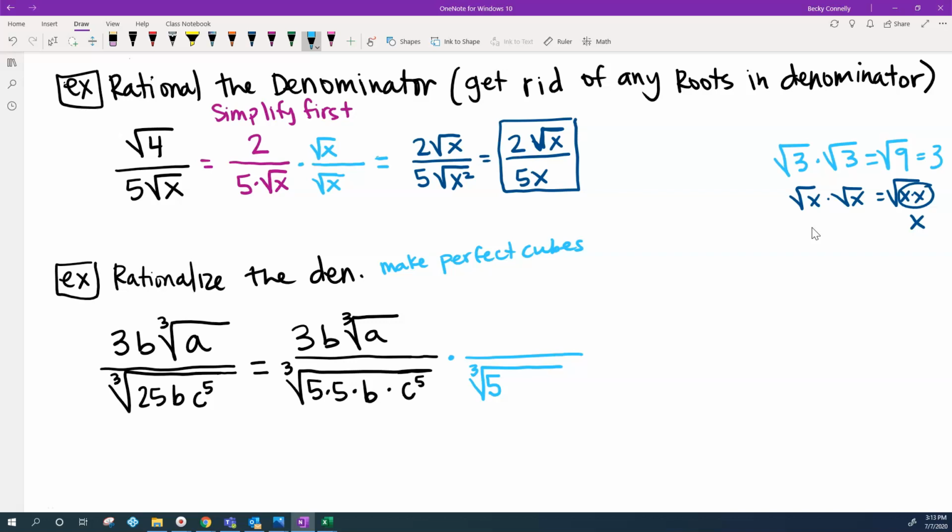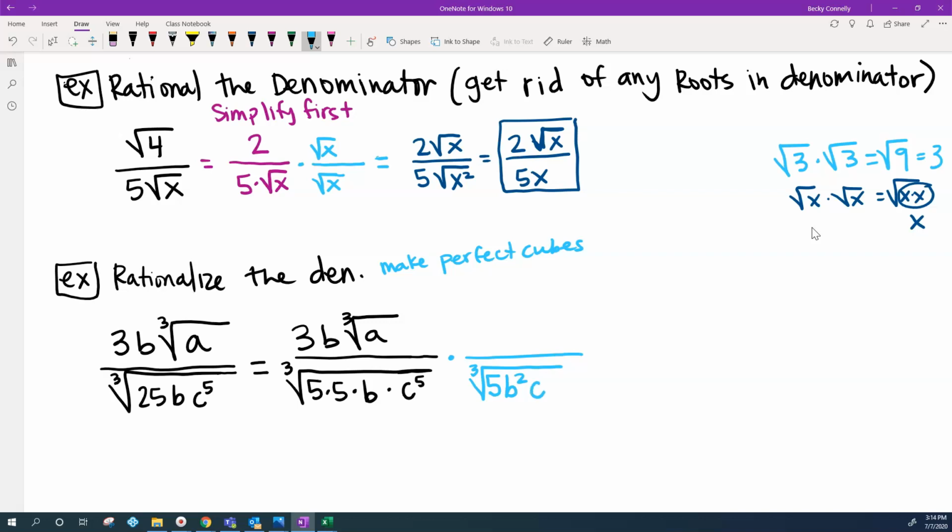How many b's would I need to multiply this by? 2? Yeah. Because if I did b squared times that b, that gives me b to the 3rd, and 3 b's get to come out just as a b. And then how many c's would I want to multiply by? 1.